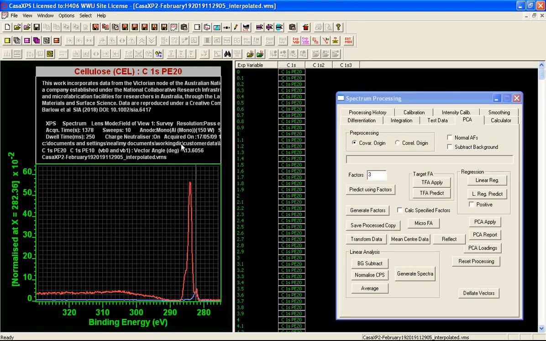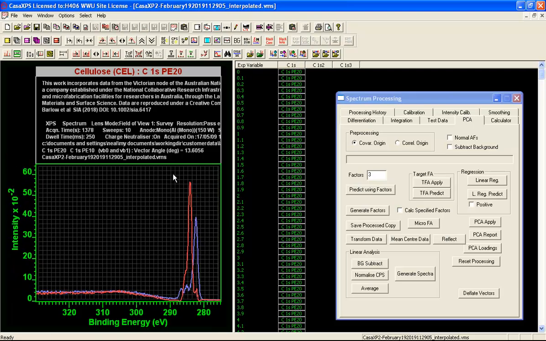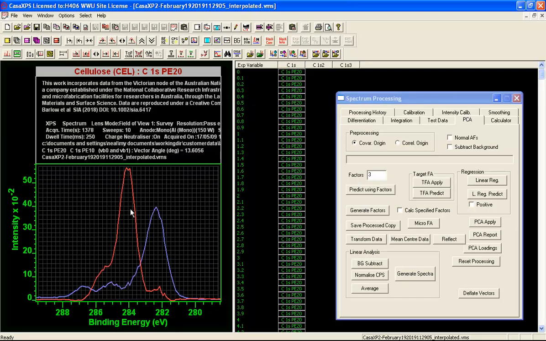Let me turn off the normalization. One spectrum corresponds to a C1s spectrum where we have predominantly 2 peaks, and there's a peak here, but even the Beamson and Briggs polymer database indicated there was some form of contamination of the cellulose signal.